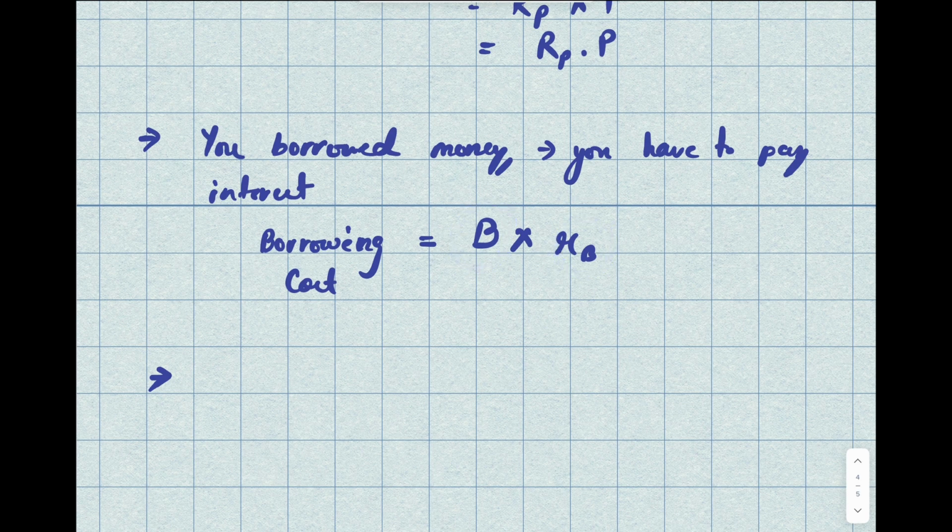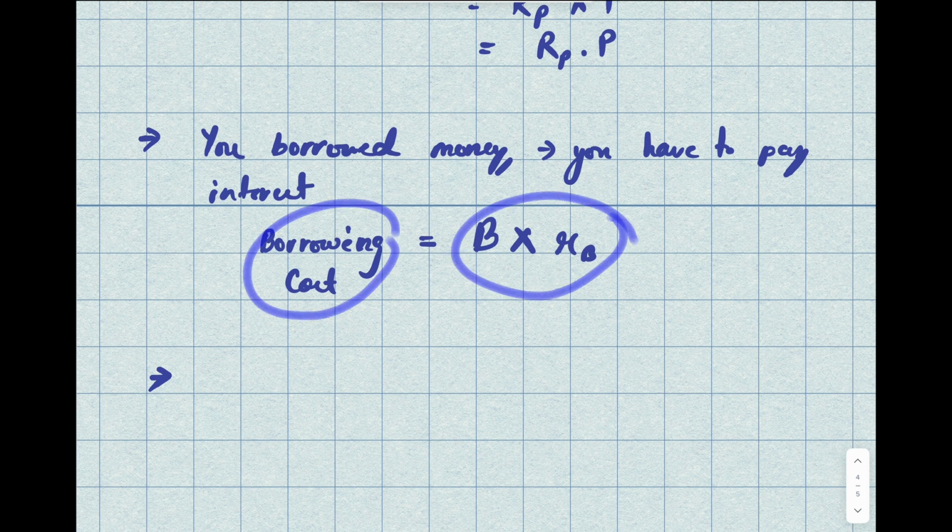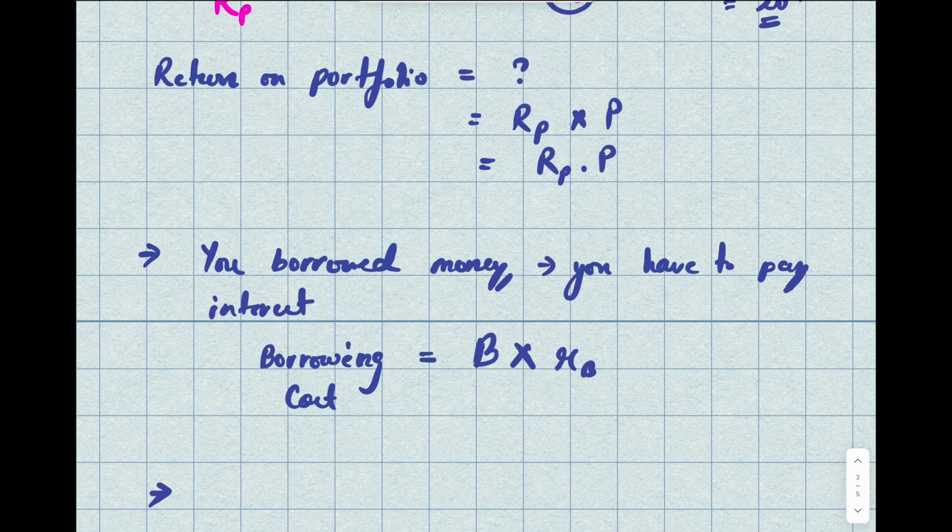So this is the actual interest that you need to pay back to whoever you have borrowed from, right? So you'll be returning B, the amount of money that you borrowed, and also the interest. So the interest is this, and you generated the return of this on your portfolio.